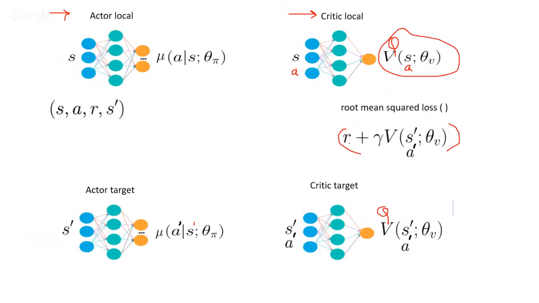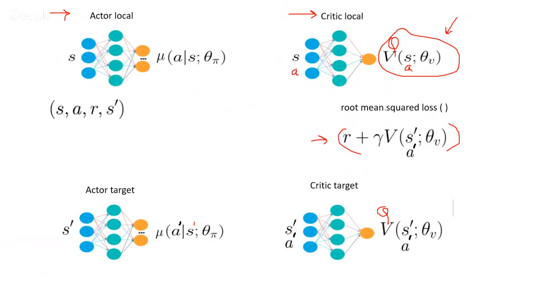So we computed the TD target here. Then we used our S and A and the current version of our critic local network. I'm saying current version because we are going to update this. So we will use the current version of our critic local network to compute this action value given S and A, and we will compute the root mean square loss between our TD target and this action value.